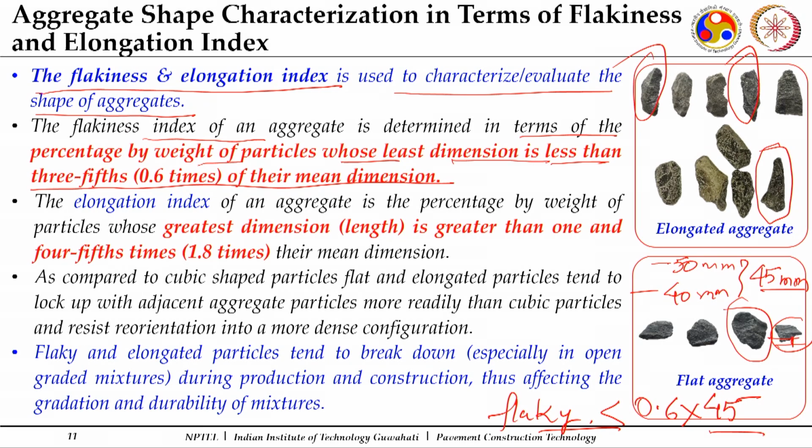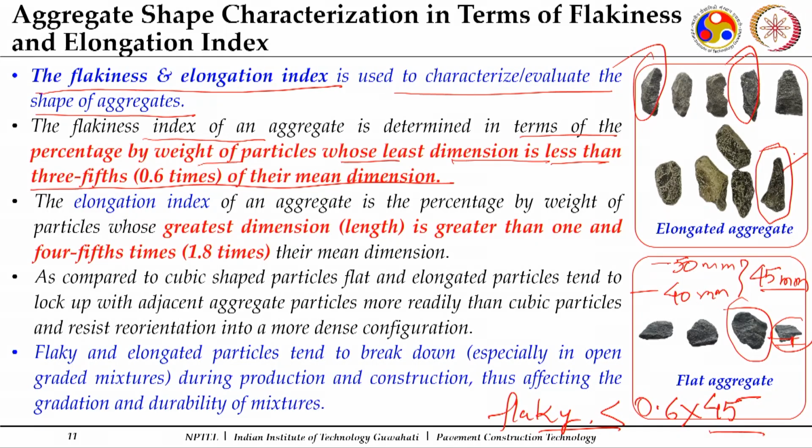The other says, when do you call an aggregate an elongated aggregate? Whether this particular aggregate will be called elongated or not, what will I check? I will first check which sieve it is passing and on which sieve it is getting retained.